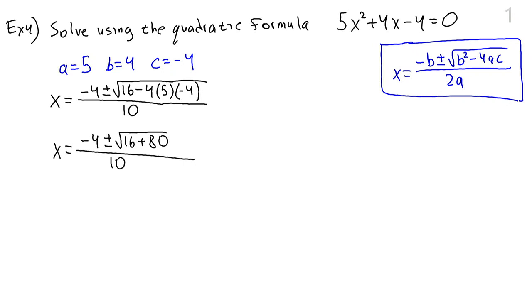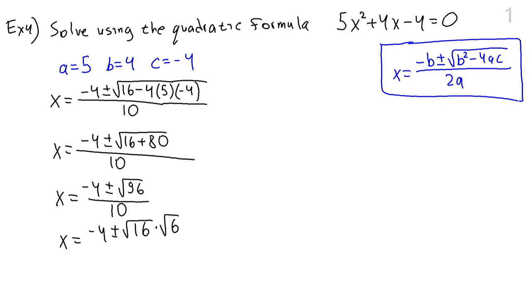Since there's a lot of negative signs here, I do advise to only simplify one step at a time. So this is minus 4 plus or minus square root of 96 divided by 10. Our answer looks simpler, but that radical of 96 can be simplified further. This is x equals minus 4 plus or minus radical 16 times radical 6, since 6 times 16 is 96.